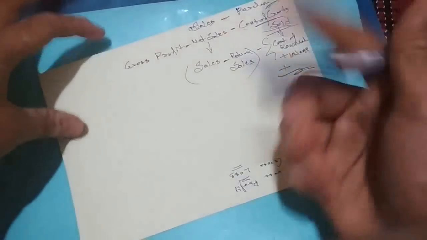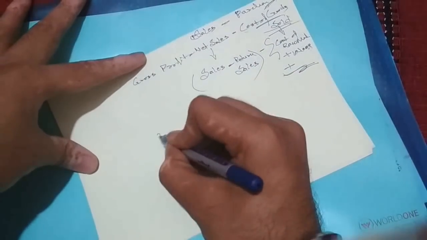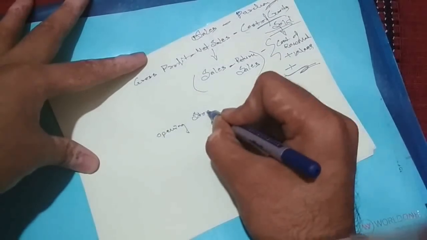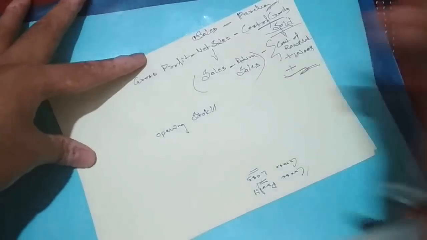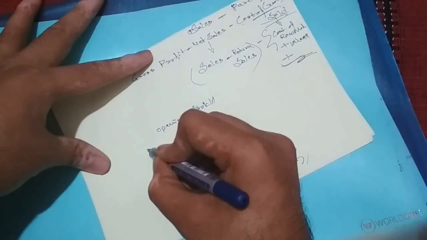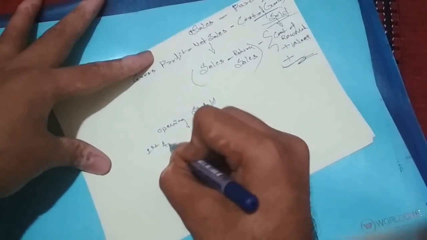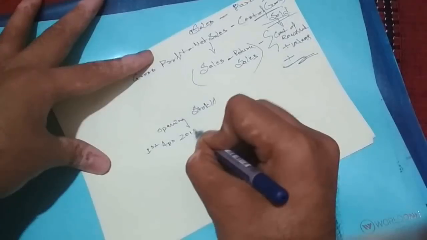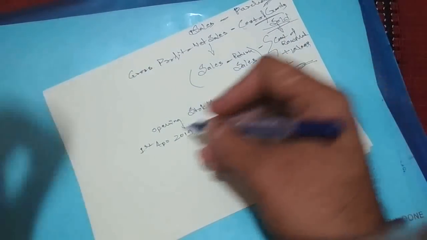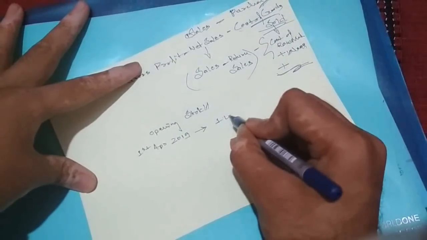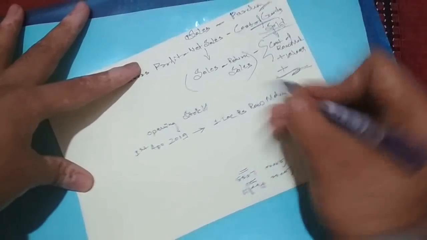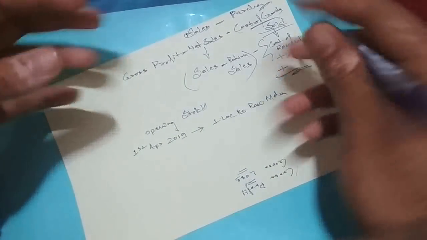Now we will see one important concept: what are opening stock and closing stock. Let's say on 1st April 2019, you have a company and you purchased 1 lakh rupees of raw material, and you think that this raw material will be utilized throughout the year.